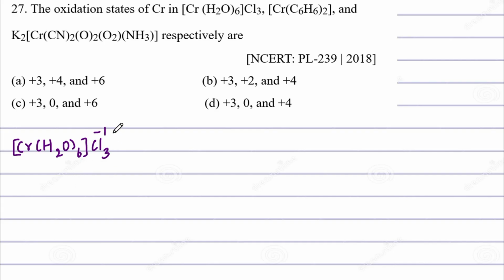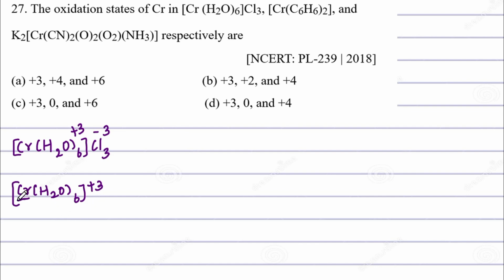So 1 chlorine atom will have the charge of -1, and 3 chlorine atoms will have the charge of -3. So the complex will have the charge of +3, because only then will the overall compound be neutral. Chlorine atoms are having the charge -3. Therefore, the complex will have the charge of +3.